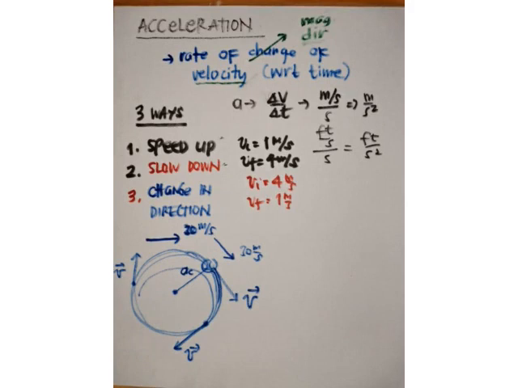nakasakay ka sa passenger seat ng isang kotse and then, nagda-drive kayo ng mabilis sa expressway, as in mabilis, pero constant yung velocity ninyo. Okay. Constant ang velocity at nagda-drive kayo ng mabilis doon sa expressway.